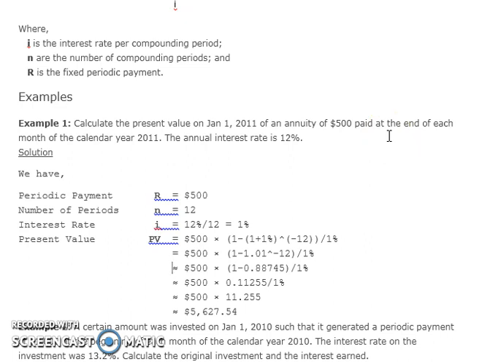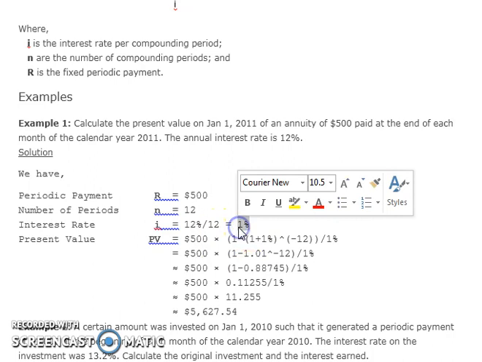So we have 12 periods. The frequency of the discounting is monthly, which is 12, so we divide by 12. Now the rate of interest becomes 1%. So we put 1% here and 12 here, where we represent n.